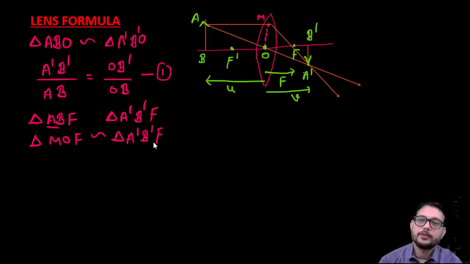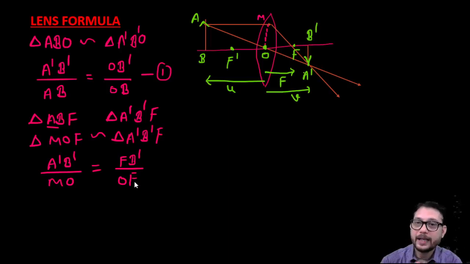Okay, now what? Same, the ratio of the heights, A dash B dash upon MO, must be equal to the ratio of the bases, so it is your FB dash upon OF. Now, as I have told you that MO is your virtual object, in place of the virtual object you can place your real object.